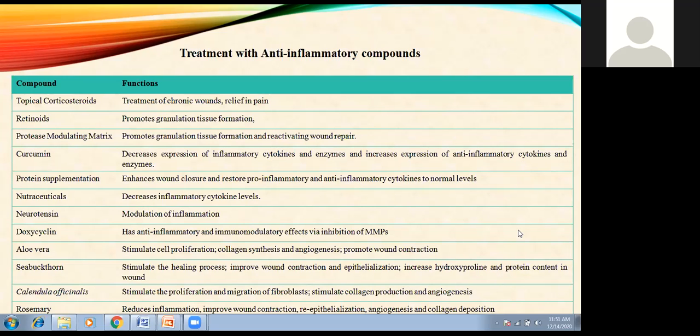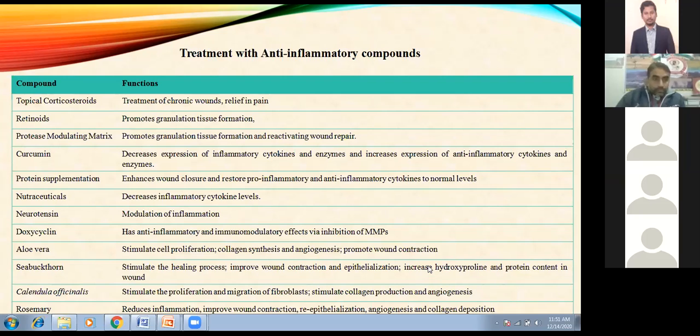And rosemary reduces the inflammation, improves wound contraction, reepithelialization, angiogenesis, and collagen deposition in the wounds. It may help in chronic wounds as well as in acute wounds. But the treatment with NSAIDs should be for the chronic wound healing.